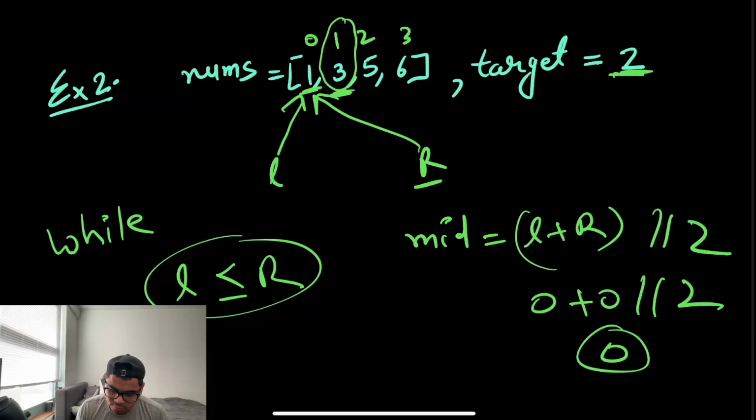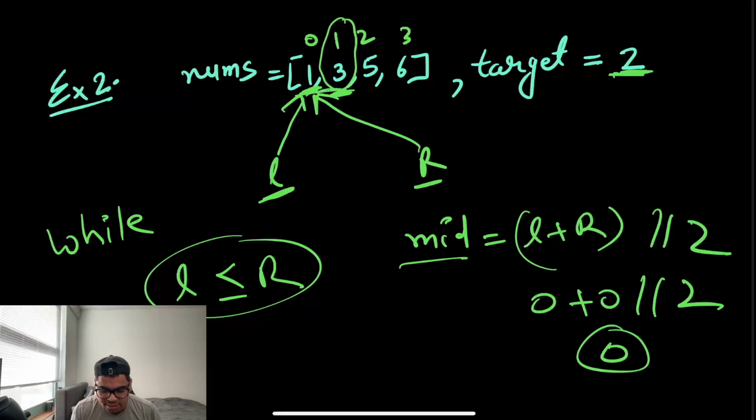That means what? We're going to check where my target should be with respect to my current mid. Current mid is 0 index. The value is 1. So we know that target is greater than 1. That means it's going to be present in the next half.